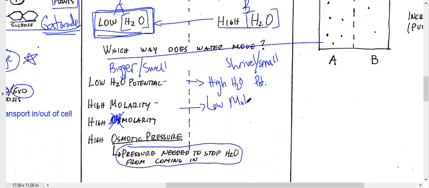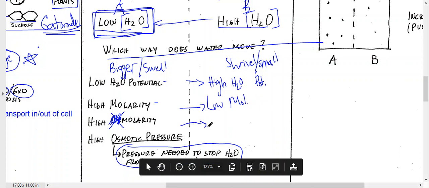You're going to have a low concentration of solutes. It means you're going to have low osmolarity. And it means you're going to have low osmotic pressure.